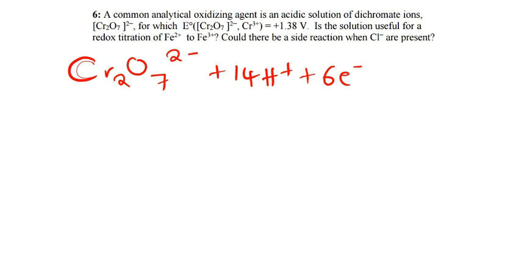In this case you don't even have to trouble yourself because you can actually look at the values that are given there. So 6 electrons and then gives us 2 chromium ions plus 7 water molecules.